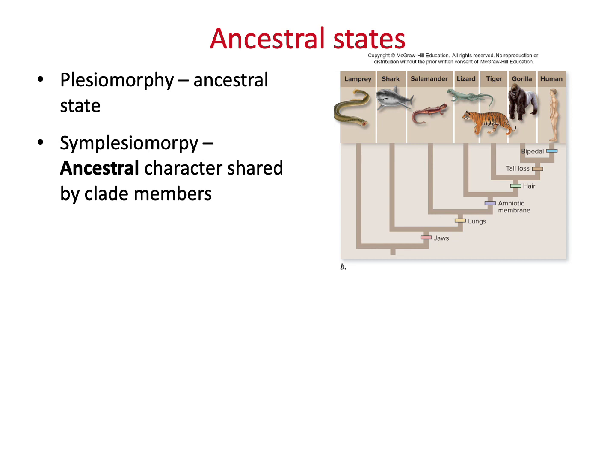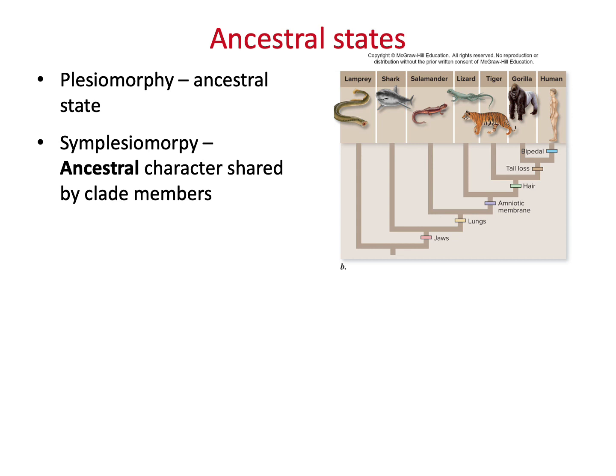A shared derived character is called a synapomorphy. An ancestral state is called a plesiomorphy. And an ancestral state shared by clade members is called a symplesiomorphy. These are certain words that you need to remember when you are understanding a cladogram.